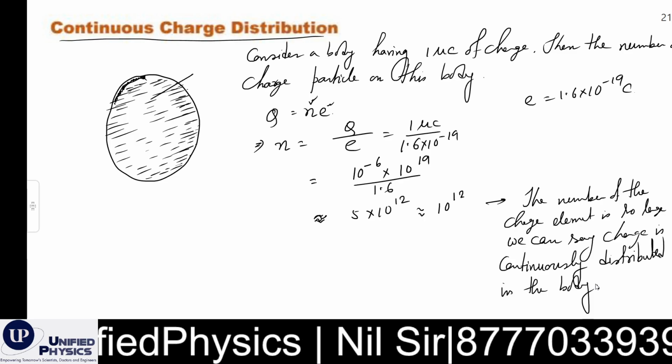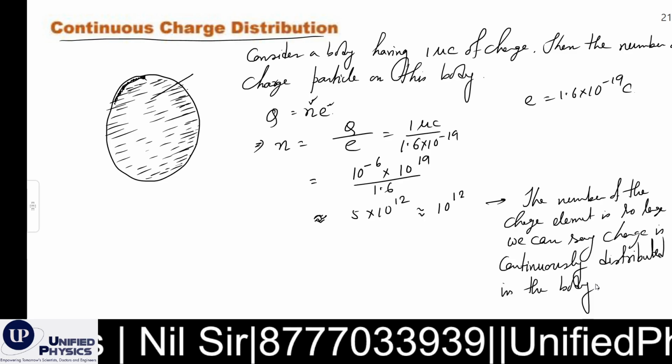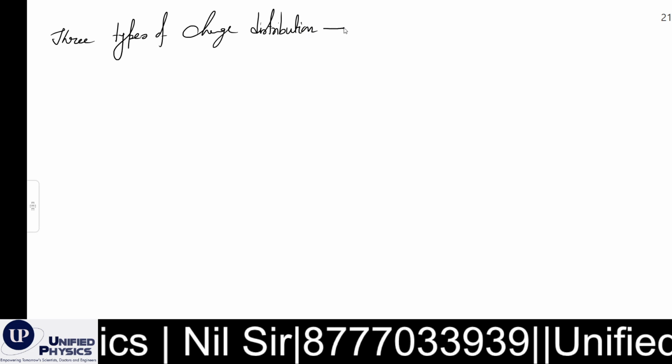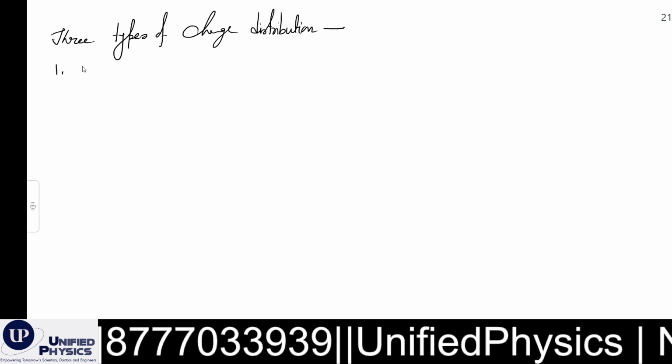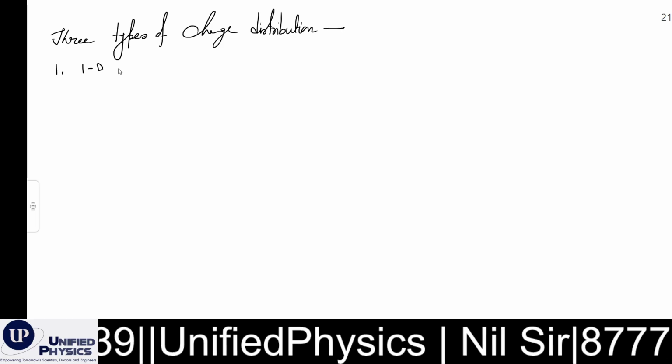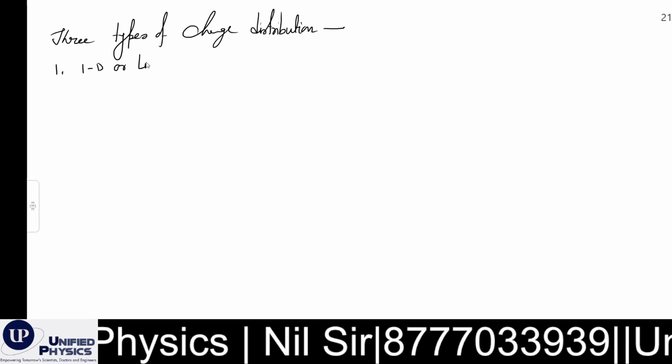Okay, so we'll take three types of charge distribution. First, a body that is a linear, one-dimensional body: 1D or linear charge distribution.